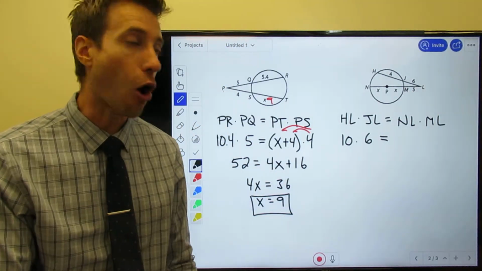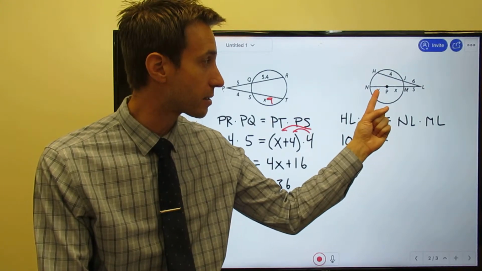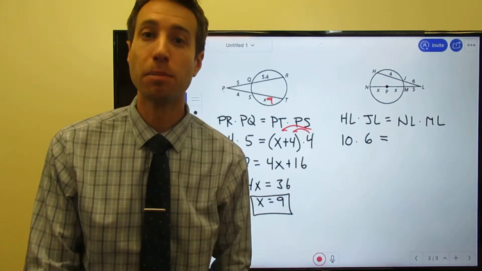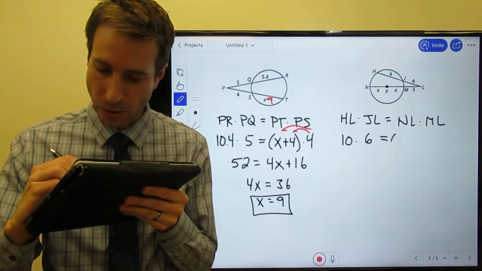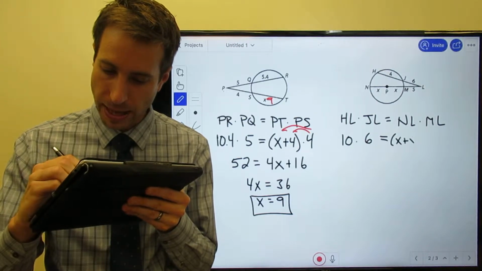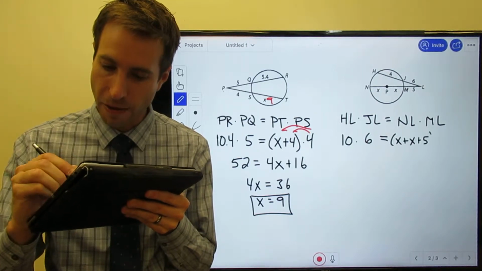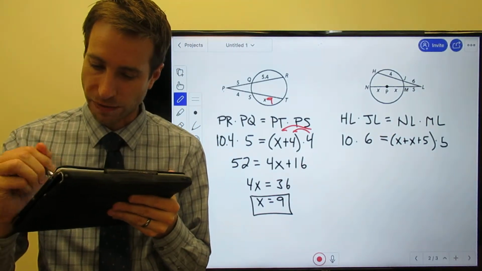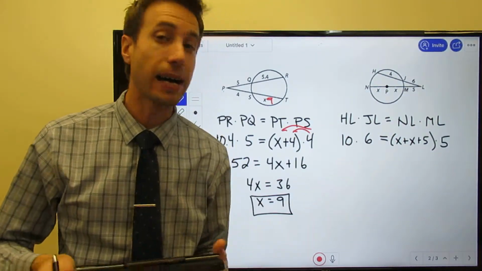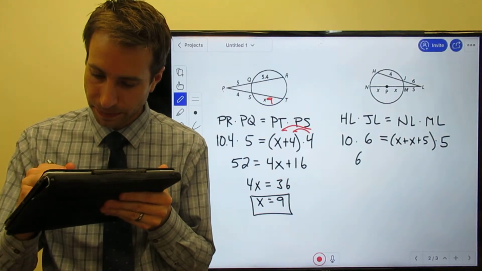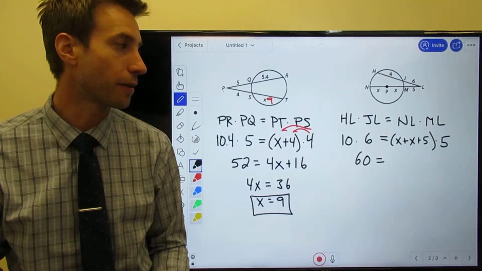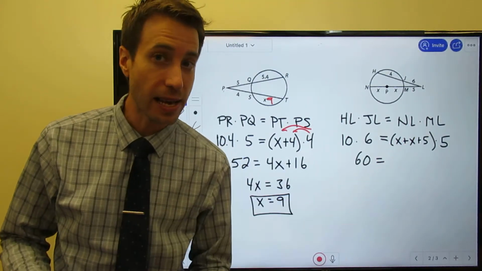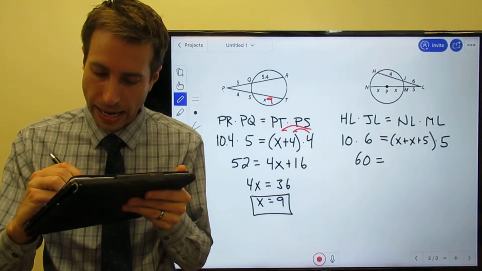You have to add all of those together so you have X plus 5, multiplied by ML, which is 5. Okay, 10 times 6 is 60. Equals, careful, x plus x, it's 2x.